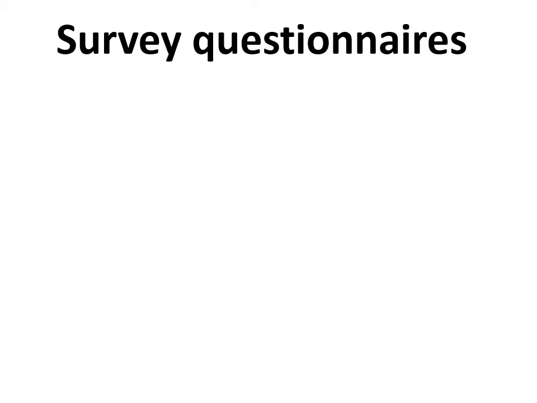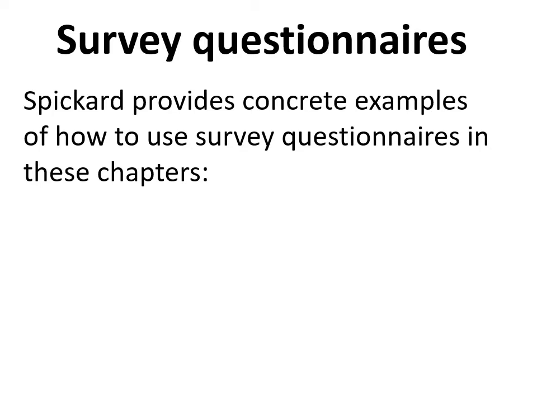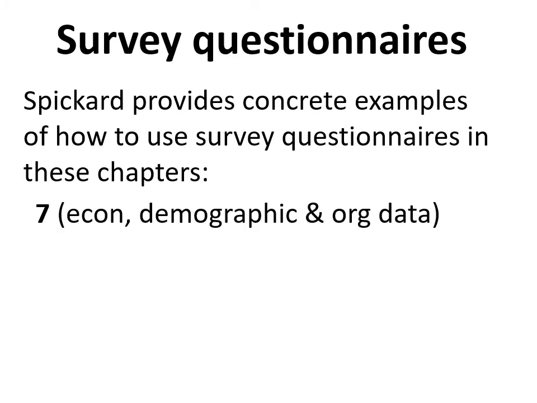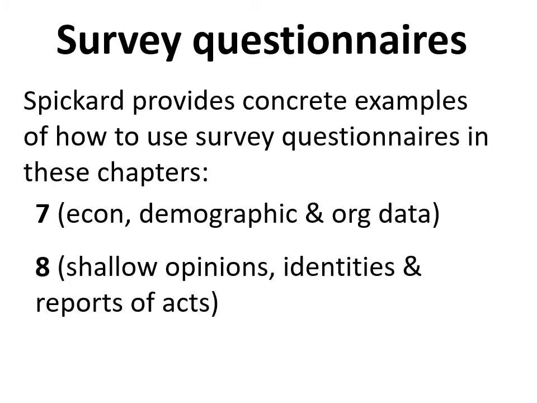Your textbook, by Spickard, provides concrete examples of how to use survey questionnaires in a couple of different chapters. One is chapter 7, where he writes about acquiring economic, demographic, and organizational data. So org here means organizational data.